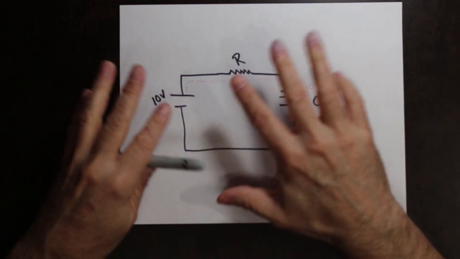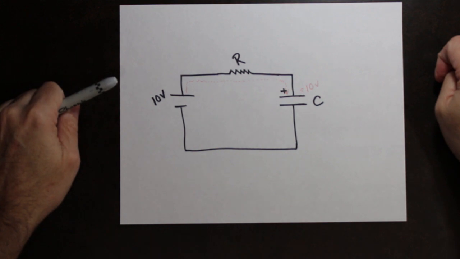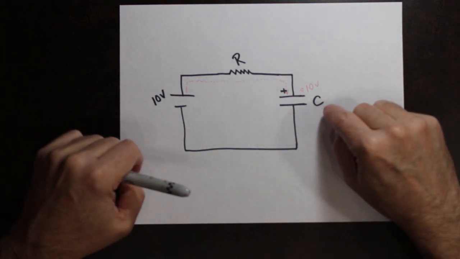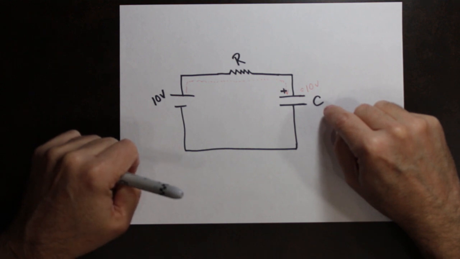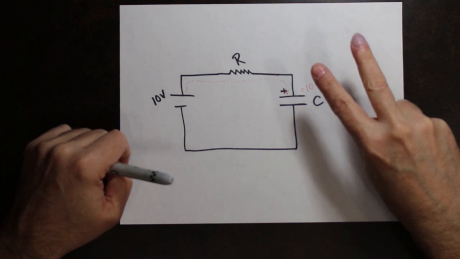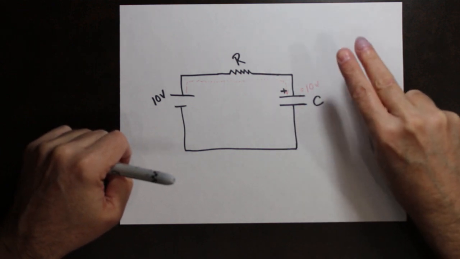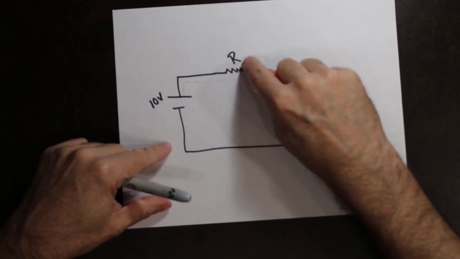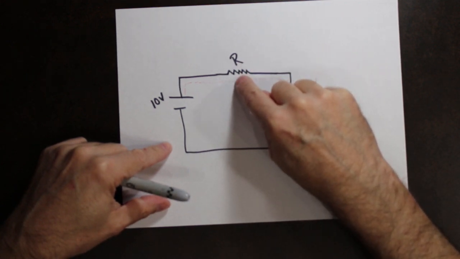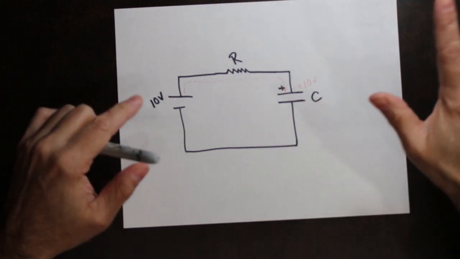So how fast does this all happen? How fast does the capacitor charge? Well, that relies on two different things. The first one is obvious, the resistor. The resistor actually limits the amount of current, how much current can flow through that wire at any given time.